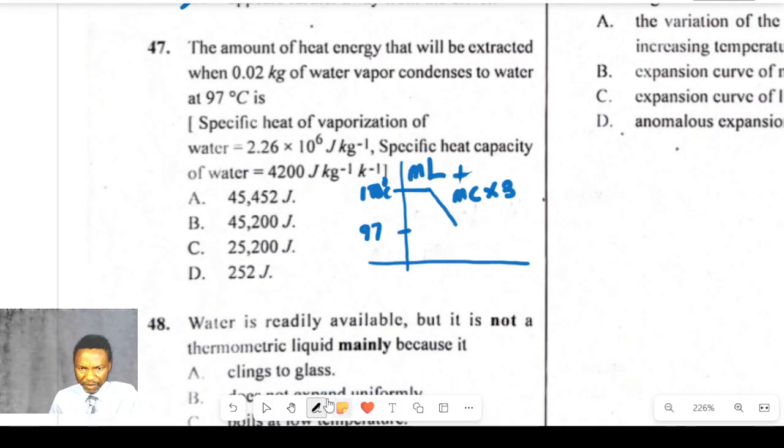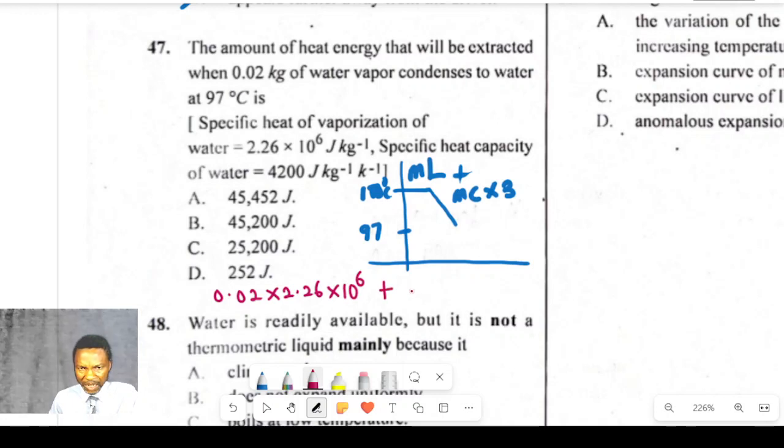So let's calculate what is the total heat. ML will be the mass, which is 0.02 kg, times the latent heat of vaporization, 2.26 times 10 raised to power 6, plus the mass of the water, 0.02, times the specific heat capacity of water, 4,200, times 3.